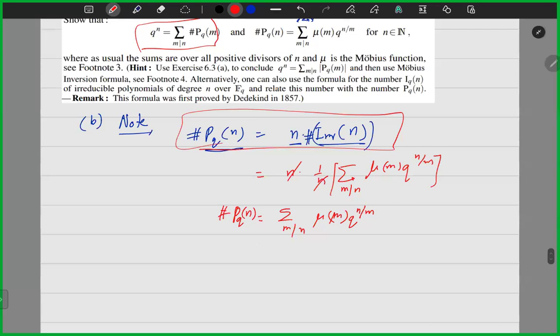From the inversion formula it will become q^m equal to summation of mu m over m dividing n, and this is P_q(m).